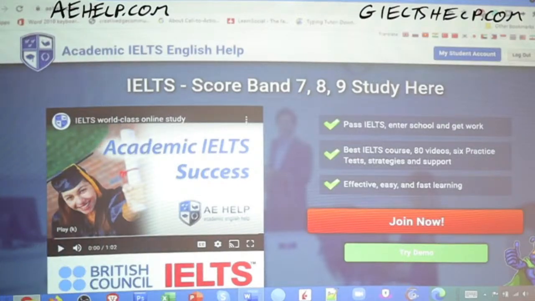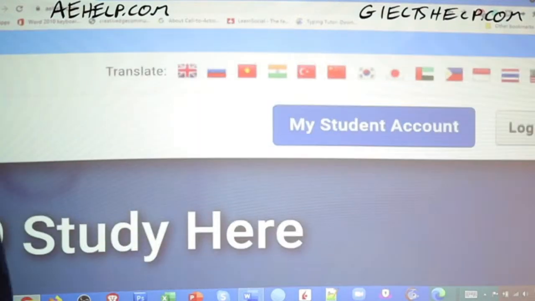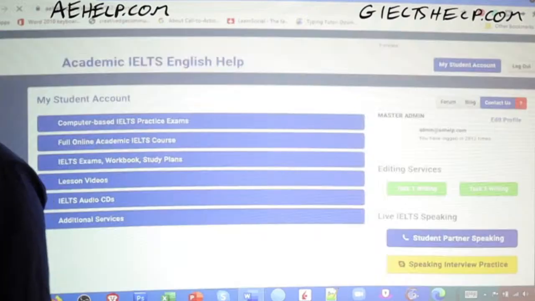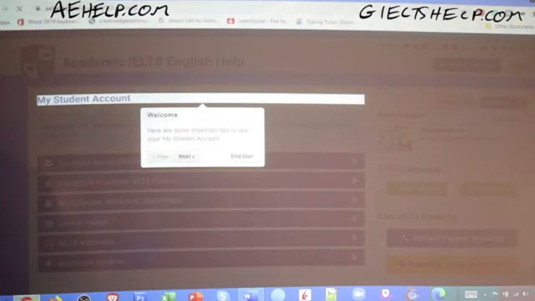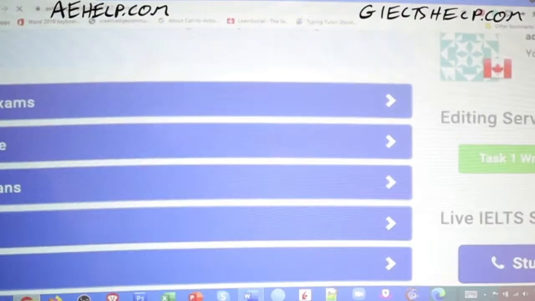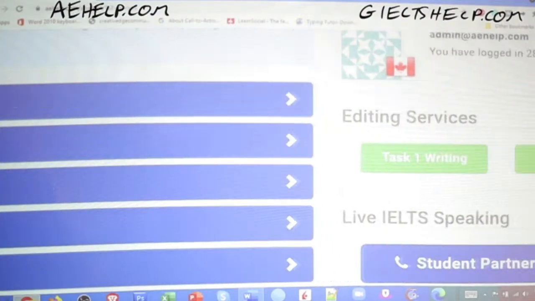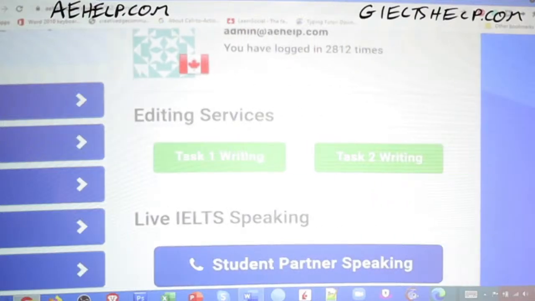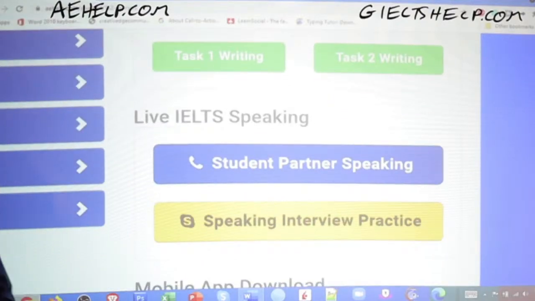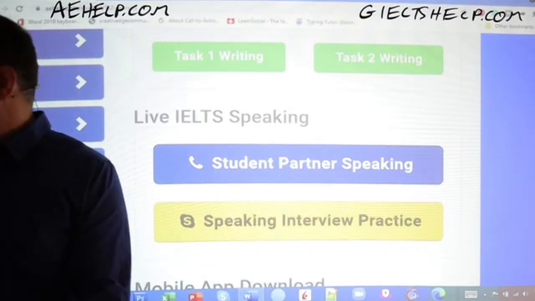And when you join with us there, you'll get your My Student account, and as soon as you click on your My Student account, you will be redirected to all of your course content, your computer-based practice exams, full academic online course, audio CDs, and then you'll also see this portion here, the Task 1, Task 2 writing help, and then the student partner speaking and speaking interview practice.